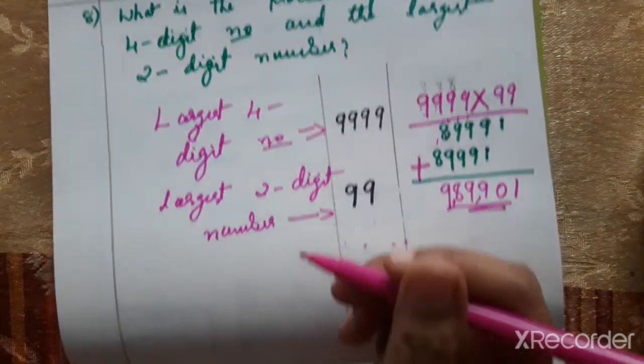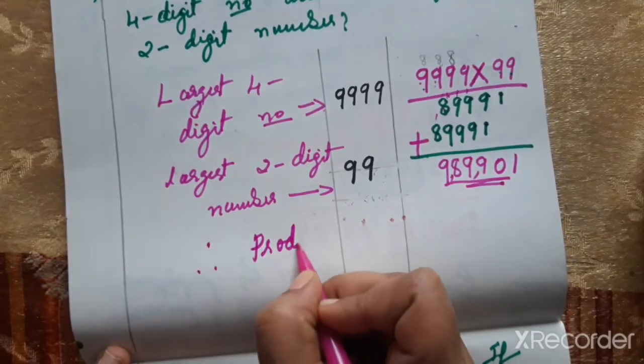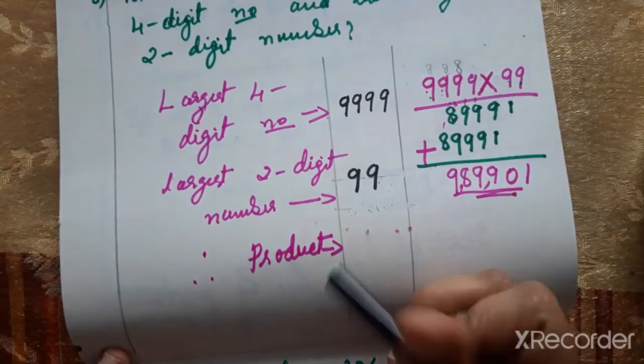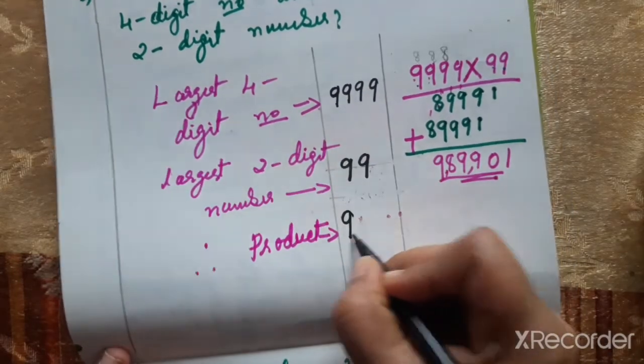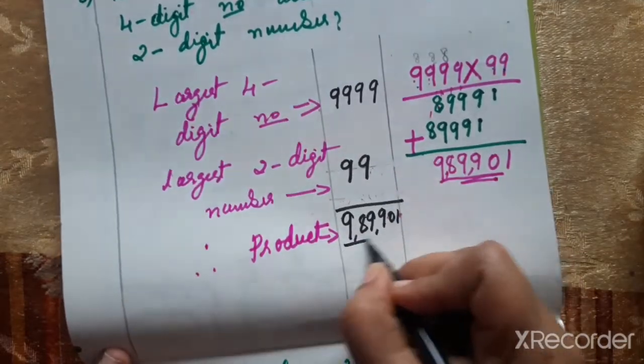So 9,89,901. So what is the next sentence? Therefore, product. Product means multiplication. Therefore, the product is 9,89,901. This is the answer.